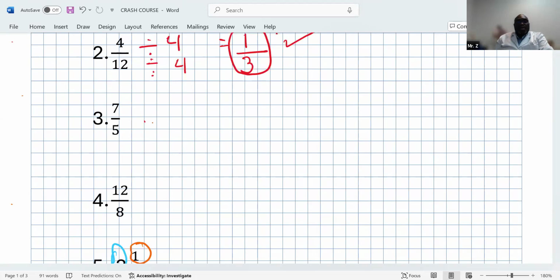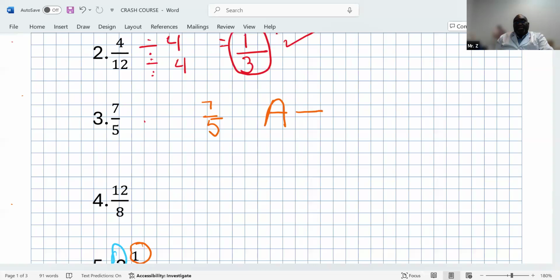All right, so number 3, we have 7/5. This one here is an improper fraction. But how do we convert an improper fraction to a mixed number? An improper fraction has this kind of shape. You can look at that on number 5 as we talk about that.